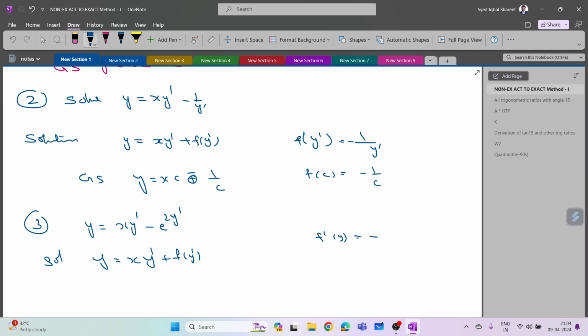Minus e to the power of 2 y dash. So f of c equal to minus e to the power of 2c. So y dash is c. Now the general solution will be y equal to xc minus e to the power of 2c. That is our answer.